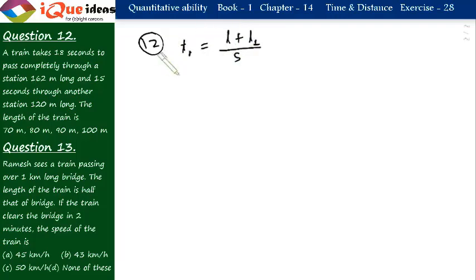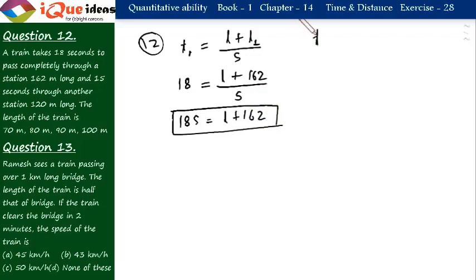So 18 seconds is equal to L plus 162 divided by S, the speed of the train, which we have to calculate. So the first equation is 18S equals L plus 162.